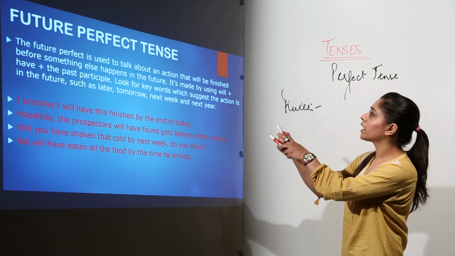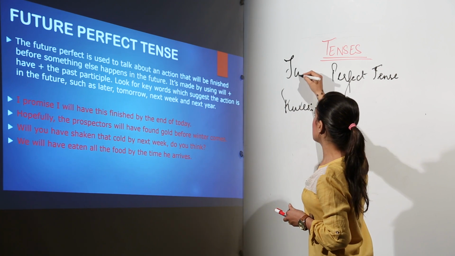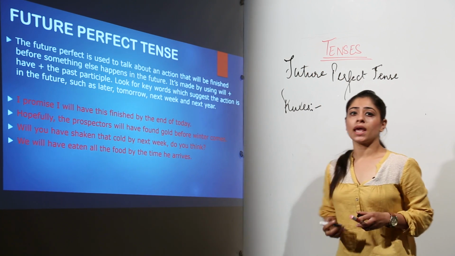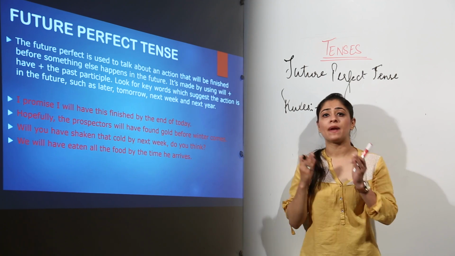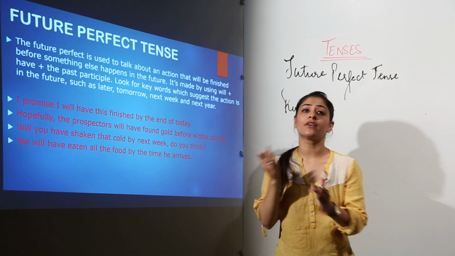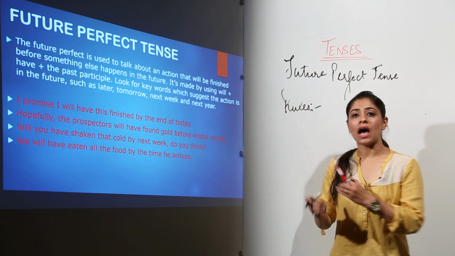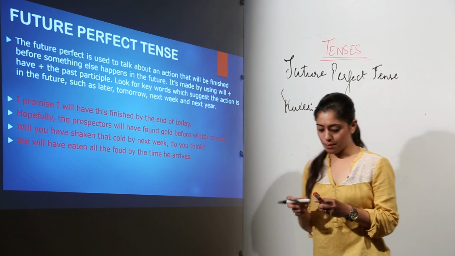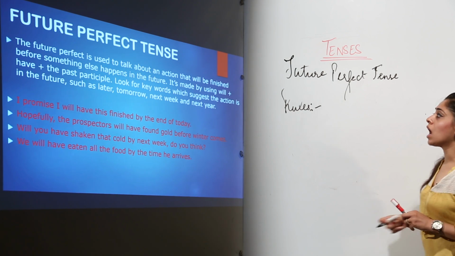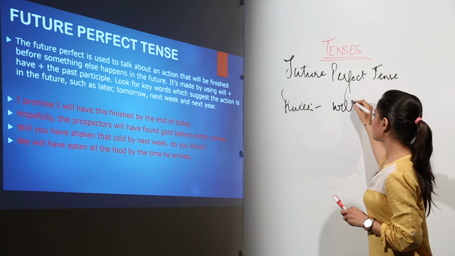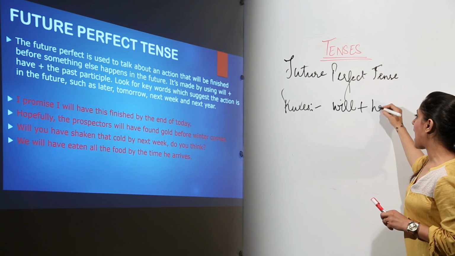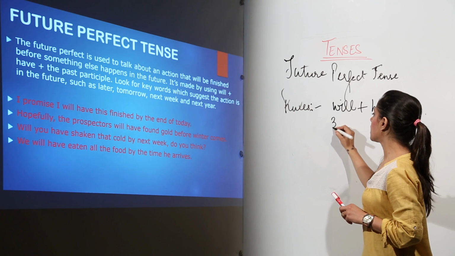Okay, now we are talking about future perfect tense. Here we are talking about an action that will take place in future but will have completed before another action follows. So for this, the rules are, we use will plus have and third form of the verb.